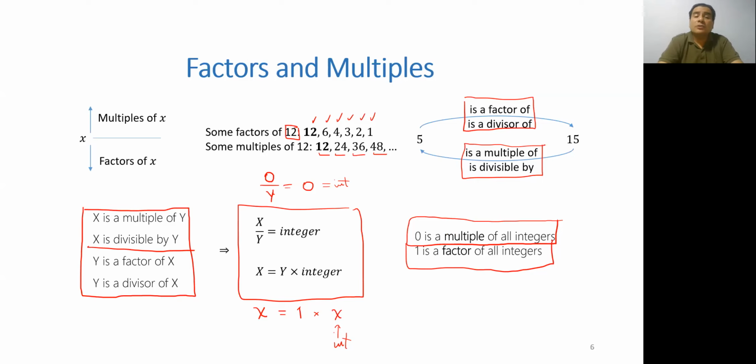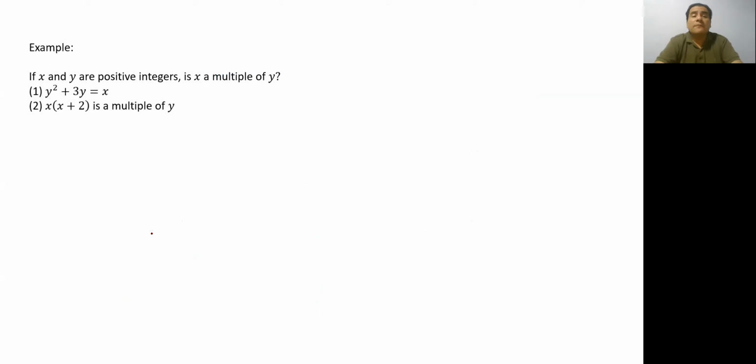Let's now consider one example on how to use this form of representing the criteria of x being a multiple of y. If x and y are positive integers, is x a multiple of y? Let's first reformulate our question using the equivalent criterion that x divided by y should be an integer.